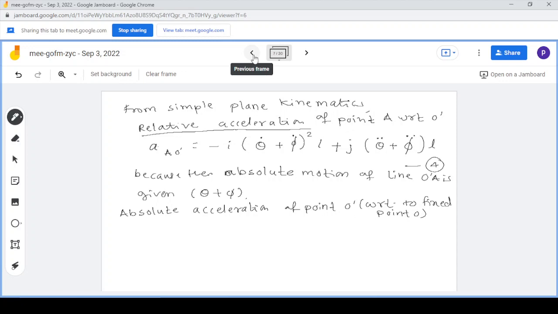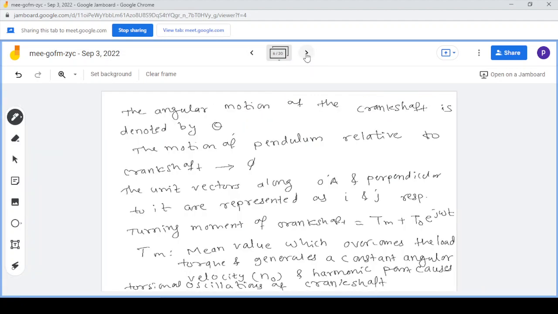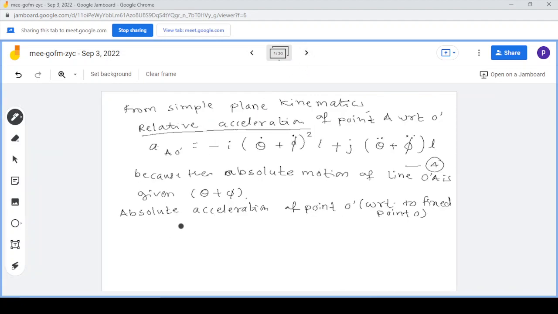So what is the fixed point in this case? In this case, the fixed point is O, right? So we get the value of A O dash as, again the expression we obtained is beyond our scope.